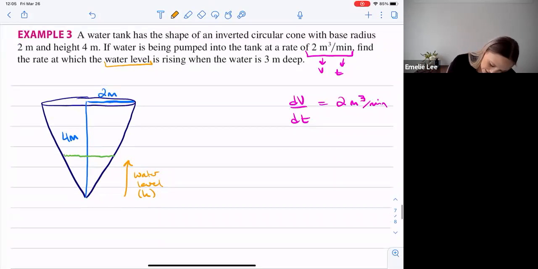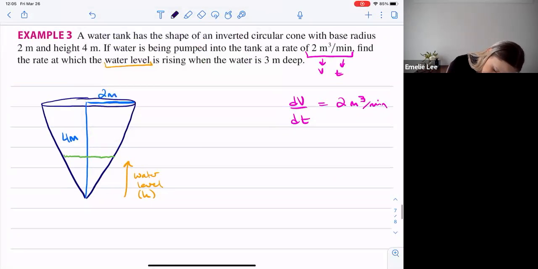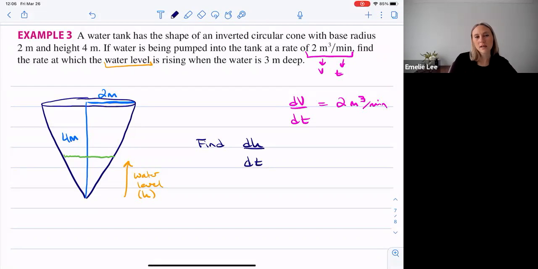So we want to find dH dt, mostly because, well, I want the rate of the water level and I already have the volume with respect to time, so it has to be dH dt. There's no other option. When H is 3.